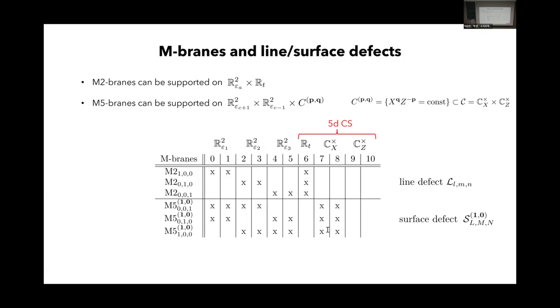And the same for the 100. So in the most generic case, I can bring capital L, M, N amount of them, and as a whole, they will give rise to a surface defect that I call S_LMN.